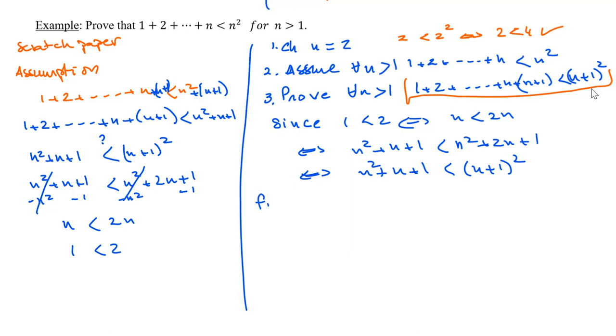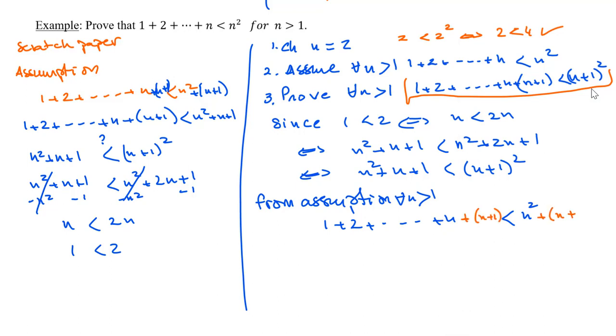Then you go to the assumption for all n greater than 1, 1 plus 2 plus all the way to n is less than n squared. So by adding n plus 1 to both sides of the assumption, this is the left hand side for our goal.